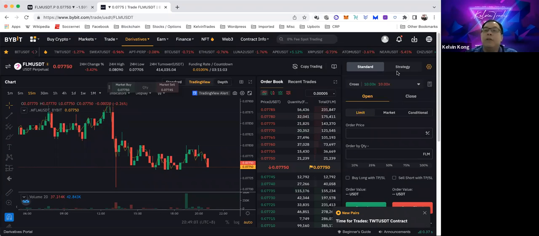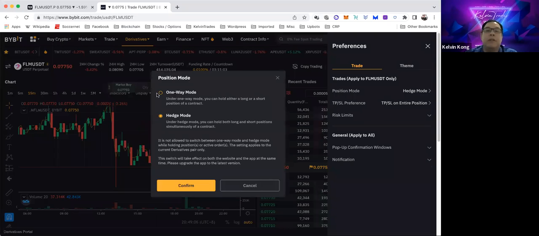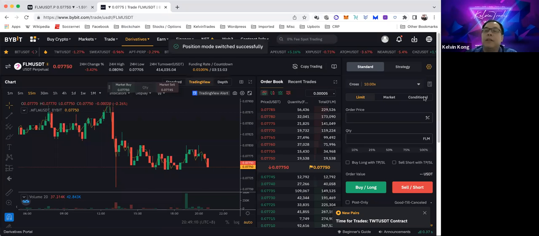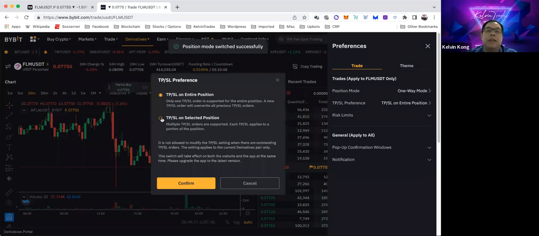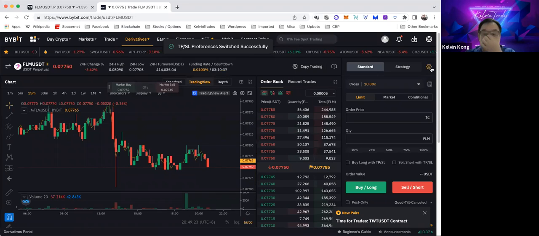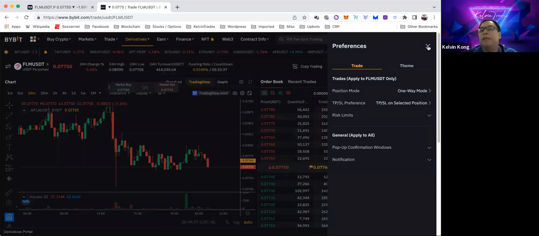Always choose one-way mode and TP stop loss on selected position. Remember, this one can easily forget, so you just need to remember.